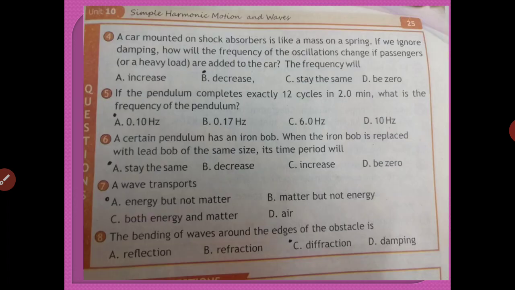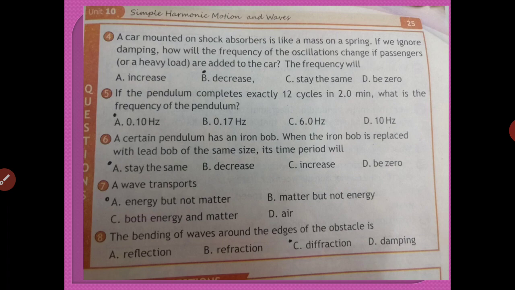Now the fourth one: a car mounted on shock absorbers is like a mass on a spring. If we ignore damping, how will the frequency of the oscillation change if passengers or a heavy load are added to the car?